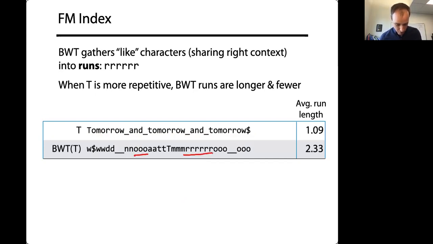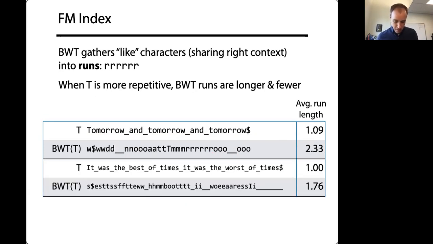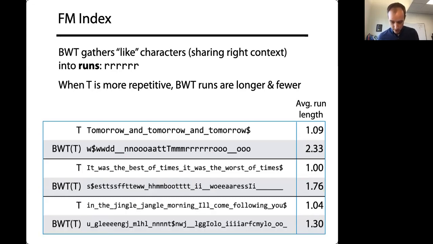So you see runs of repeated characters. Pretty nice long runs. The average run length goes up substantially after we apply the Burrows-Wheeler transform. If the string is somewhat less repetitive, then we get somewhat lower average run length, but we still get some average run length that's almost always higher than the run length in the original text because we've brought things together according to their right context.